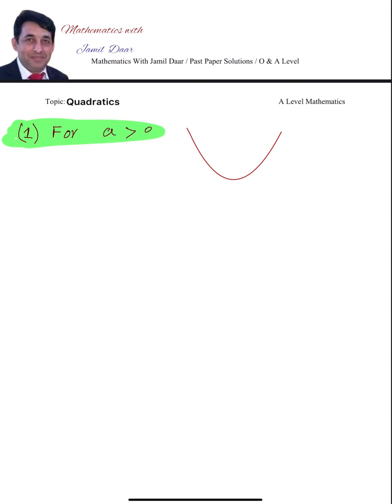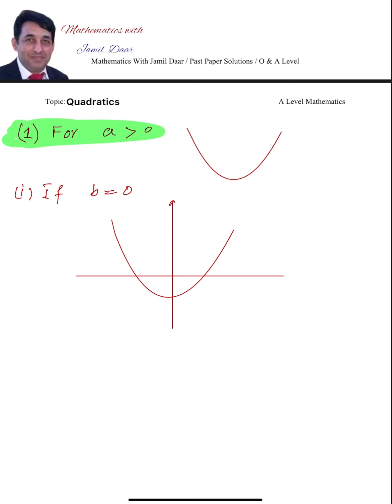Now if b is equal to 0, if the coefficient of x is equal to 0, the y-axis would be the line of symmetry.